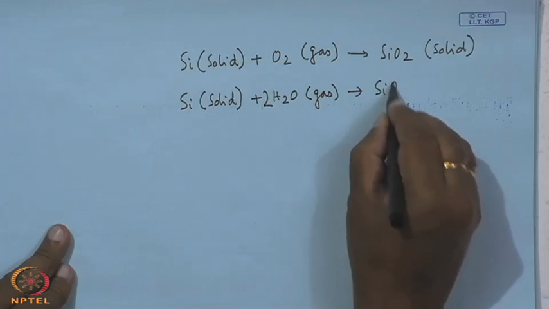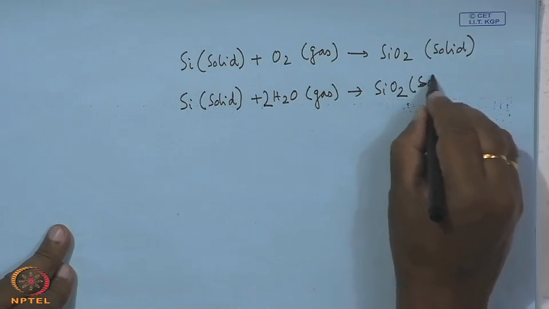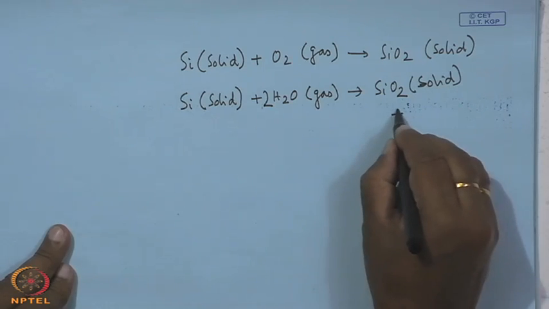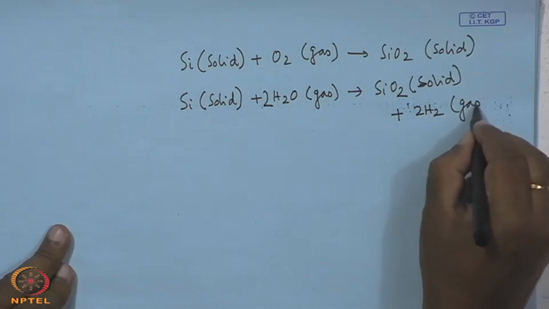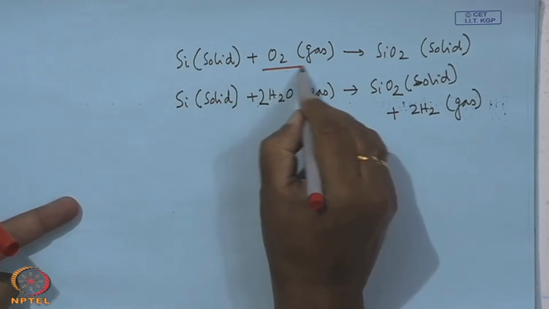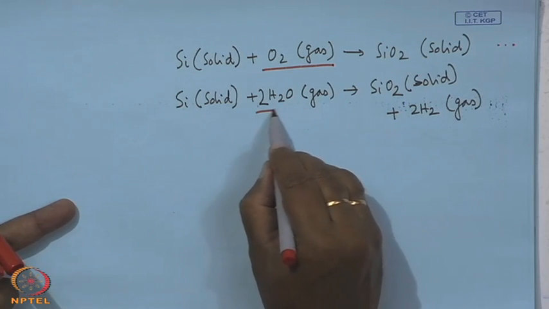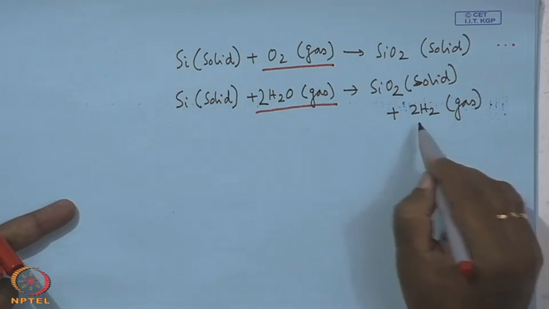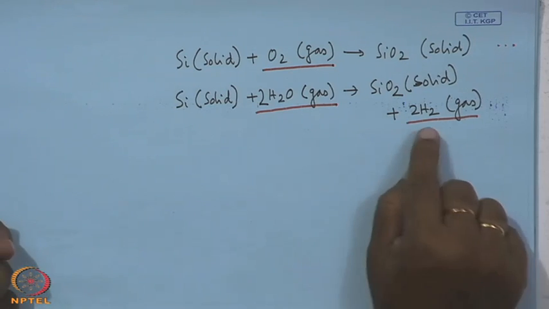Here SiO2 solid is formed, and along with this SiO2 there will be hydrogen gas. Depending on the source, in the oxygen case no hydrogen is there. In the case of water vapor or steam, hydrogen gas is emitted.